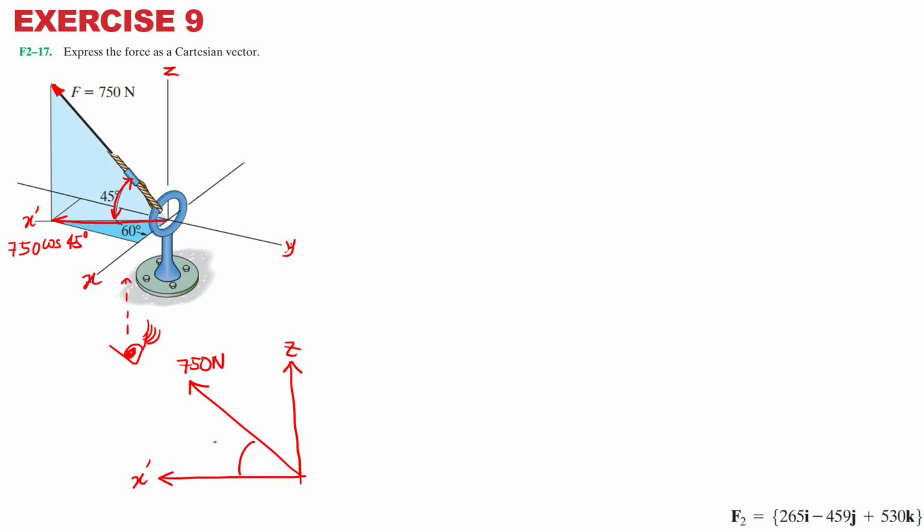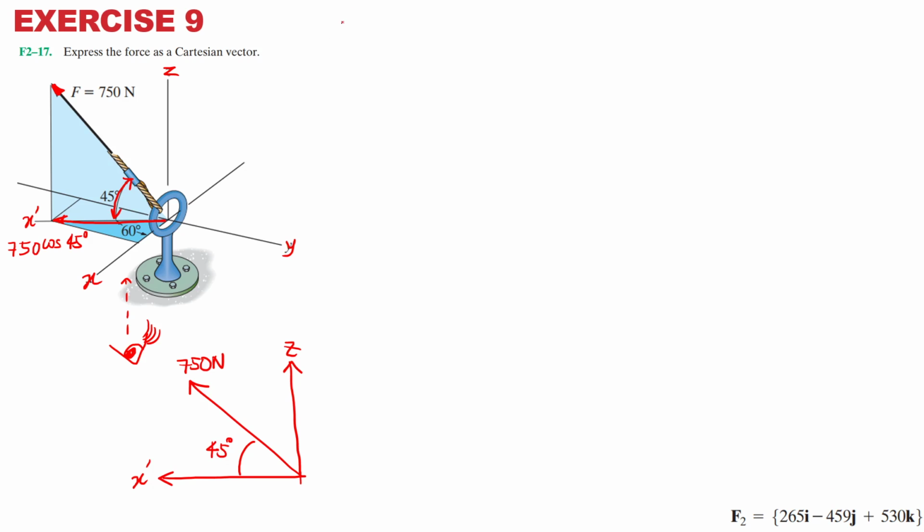This one is your 45 degrees. It's like you're changing the 3D into some sort of 2D. So you have a force here on the plane, 750 cos 45.